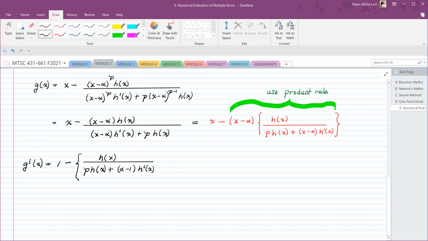That was the derivative of the first times the second, plus, which distributes the minus, the first, x minus alpha, times the derivative of the second, which I am writing very nicely as the derivative of that beast, h of x, all over p times h of x plus (x minus alpha) times h prime of x.